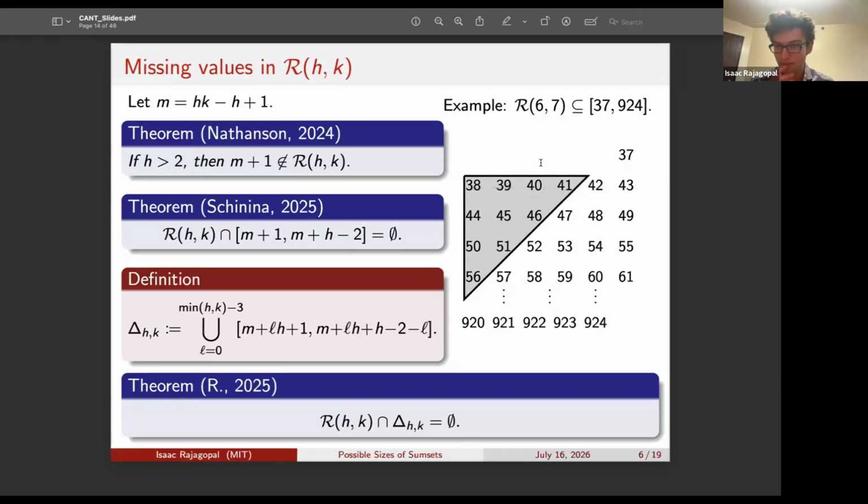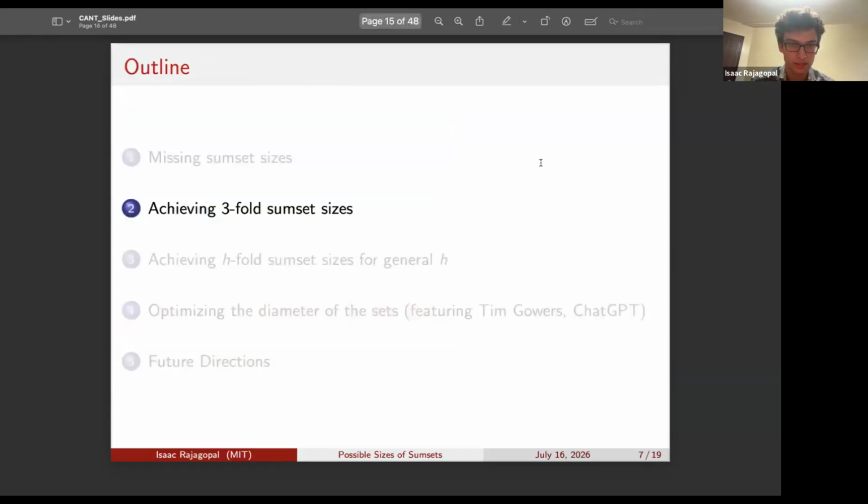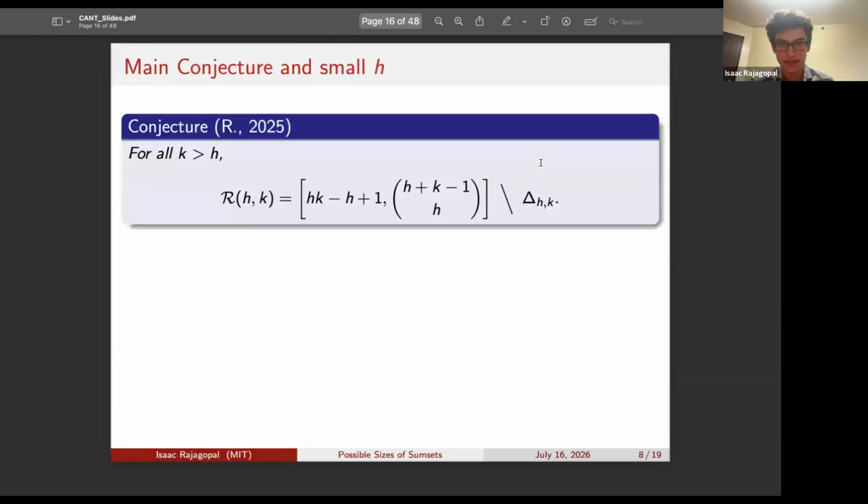But when I looked at numerical data, it seems like actually every other size in the interval is achievable. So I made a conjecture that R of h,k is actually the whole interval minus this missing triangle.